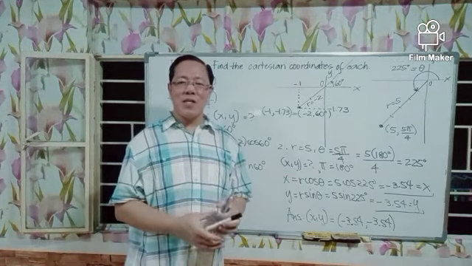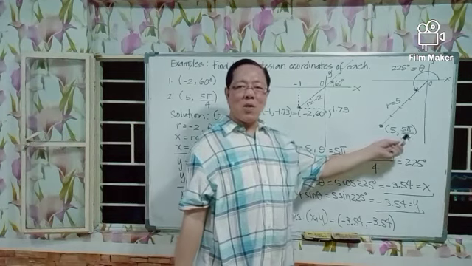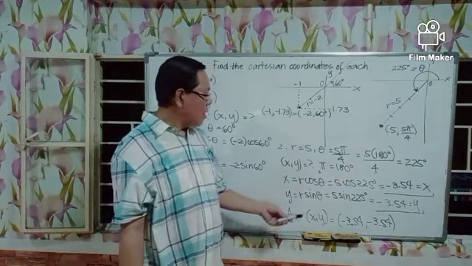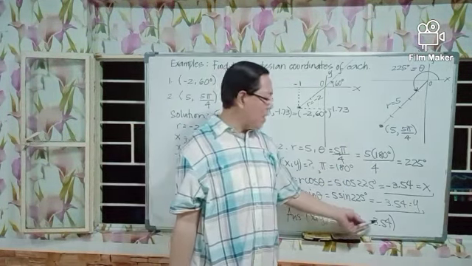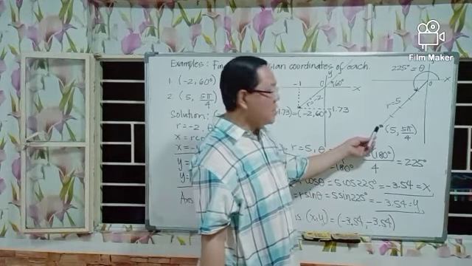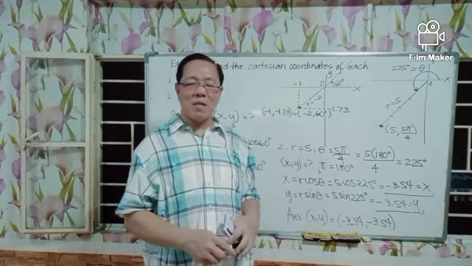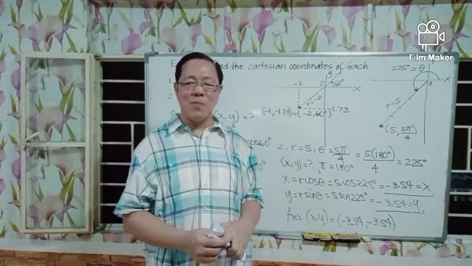Hence, the Cartesian coordinates of this point with these polar coordinates are negative 3.54 and negative 3.54. If you project this point to the horizontal axis or the negative x-axis, you get the value of x, negative 3.54.